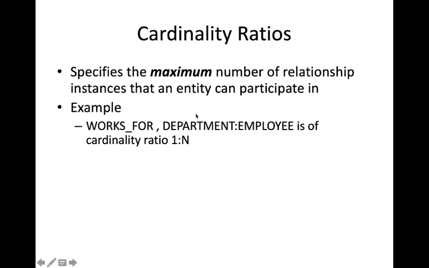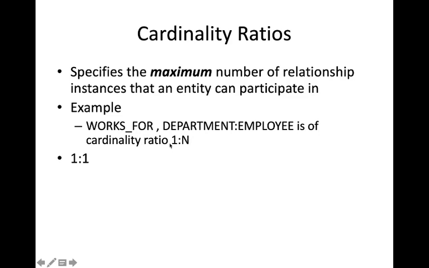That means the one side is department, so in a particular department there can be n number of employees. This is known as maximum. If you take the reverse, an employee can work only in a single department, and a department can have n employees. So this is known as cardinality ratio.